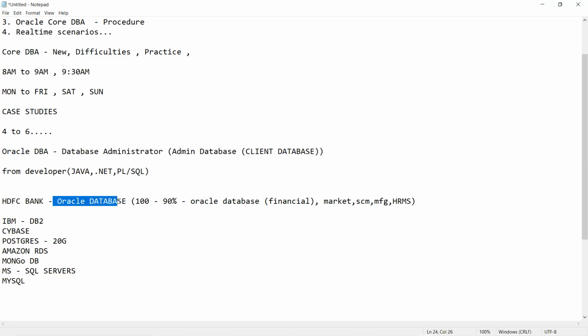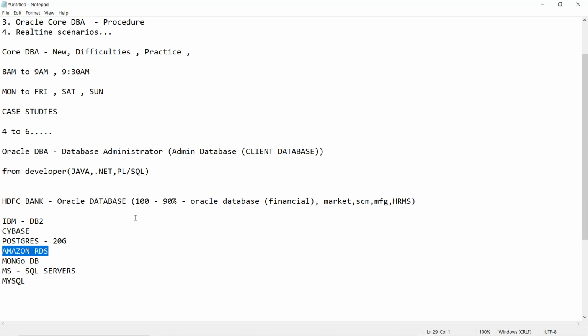Amazon RDS is a big database. Amazon uses its own. Earlier they used Oracle databases, but they want to give customers a good experience, so for that reason they are slowly migrating from Oracle database to Amazon RDS.